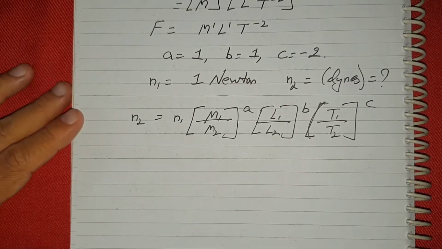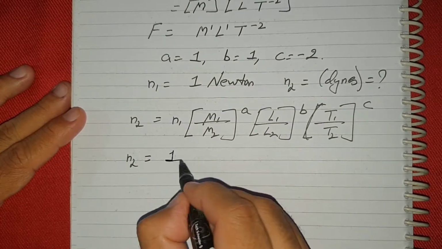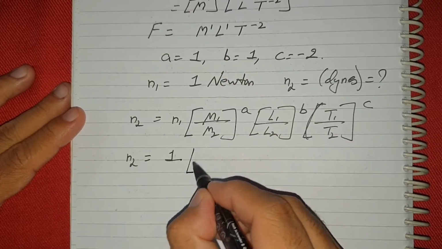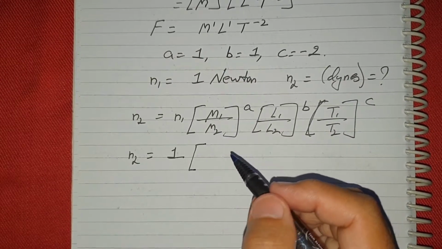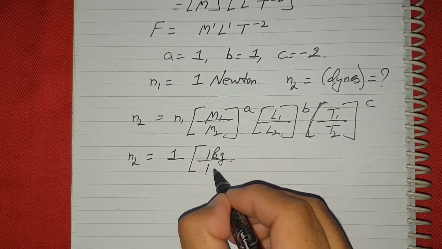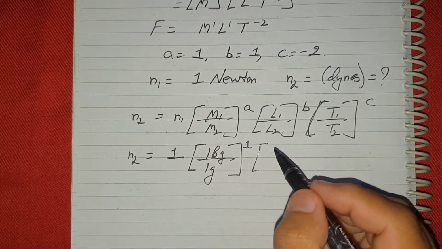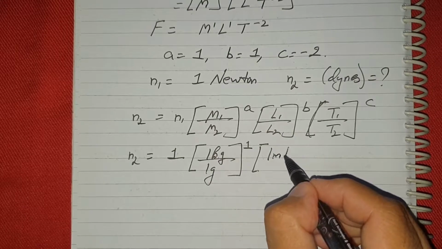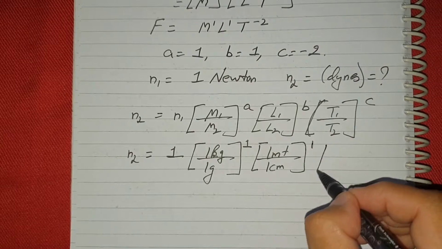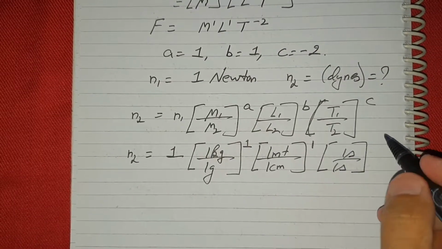Now time to solve. n1 is 1 Newton. M1 is in kg, so we write 1 kg and this is 1 gram. What is a? a is 1. L1 is 1 meter, L2 is 1 centimeter. What's the value of b? 1. Both times are in seconds, no problem, they will cancel out each other. c is minus 2.